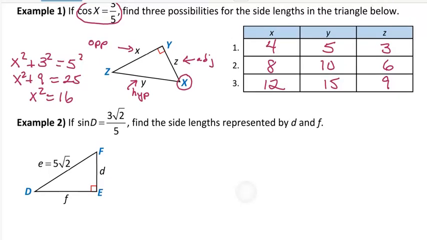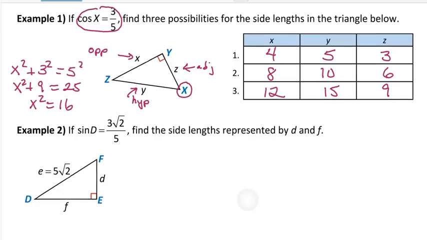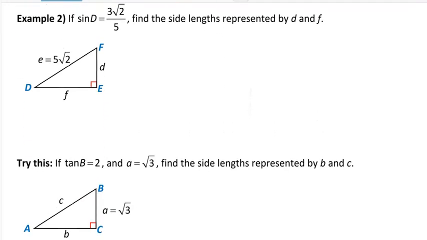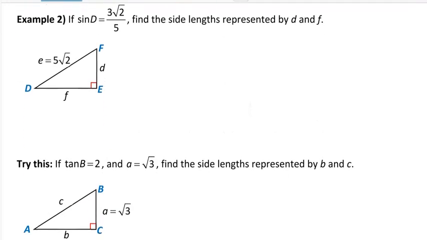So the side lengths need to be in a ratio, but they don't need to be the exact numbers in the ratio. We can utilize that idea here in example 2, because sine of angle D, so here's angle D, is equal to 3√2 divided by 5.